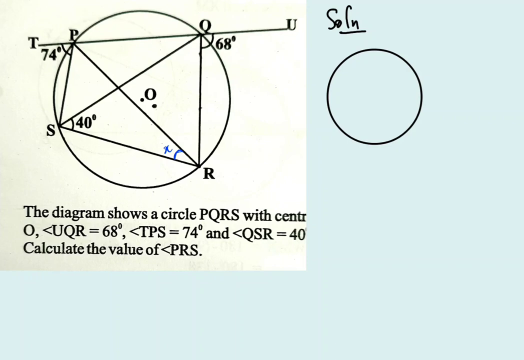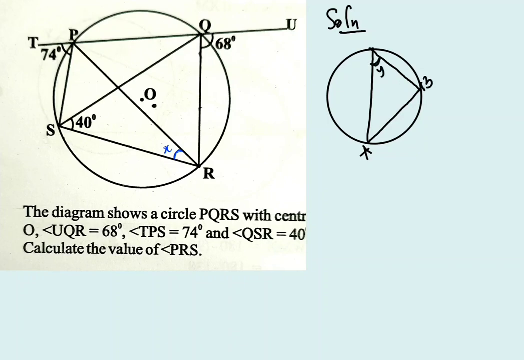Check it out. If I have a chord, then we know the chord separates the circle into two segments. I have an angle that originated from, let's say, this chord AB. This is the angle.